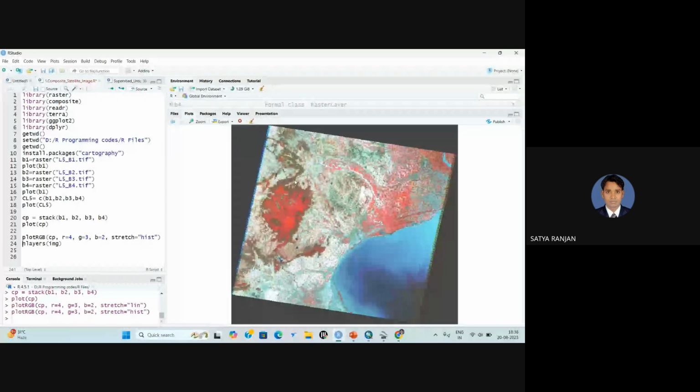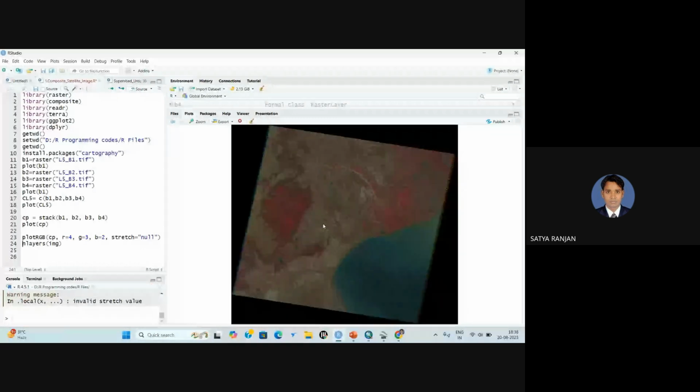And suppose for null, this is the image if there is no stretching of the satellite image, so its features are not clearly visible in this method.